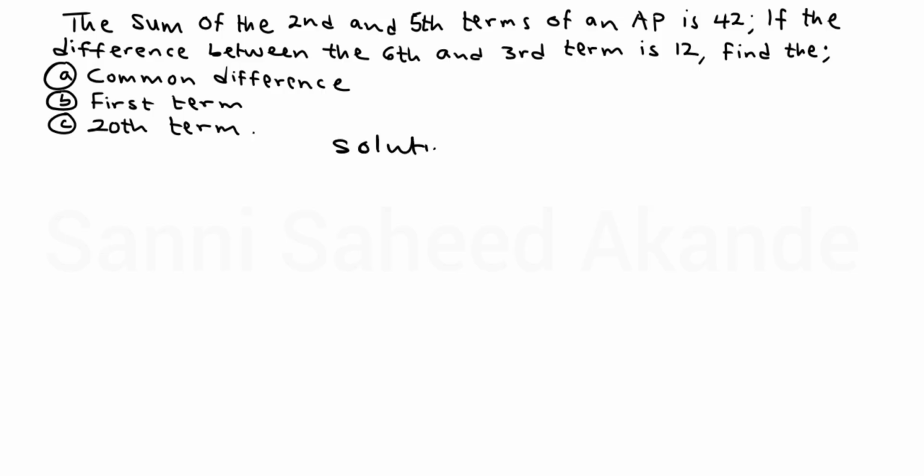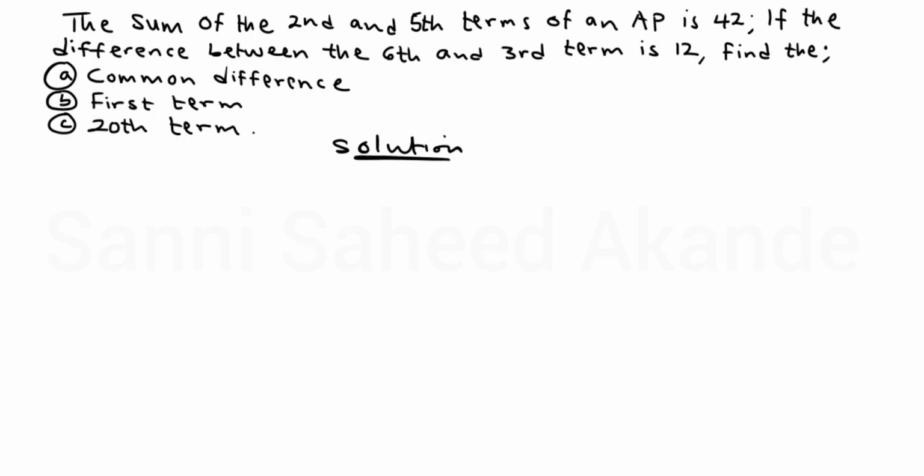Okay, so I want you to pay attention to the solution to this problem. The question says the sum of the second and the fifth term is equal to 42. So before I even find their sum, which is given to be 42, I will first of all know the second term and the fifth term.